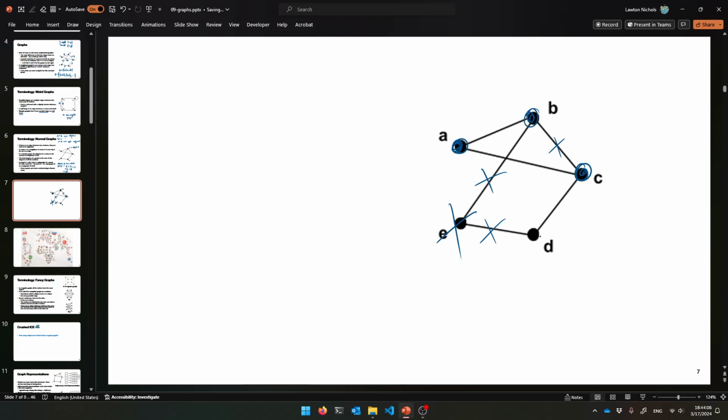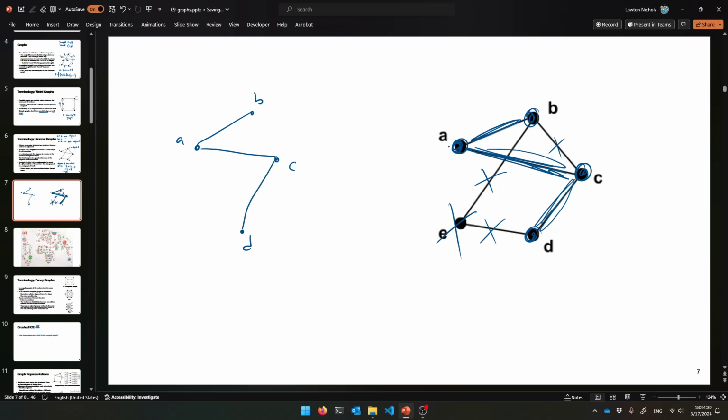We still have these 4 vertices. Which edges do we still have? We have this one, and this one, and this one. So that's a subgraph. Let's draw those all over again. This is a subgraph of the original graph. A, B, C, D, and this edge we're keeping, this edge we're keeping, and this edge we're keeping.